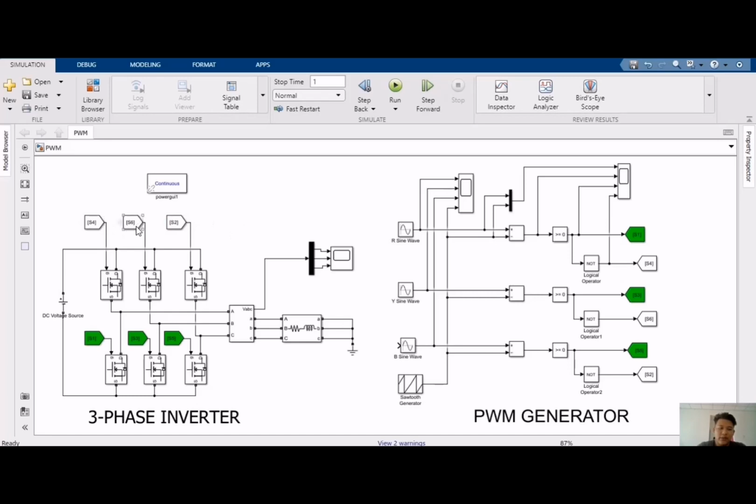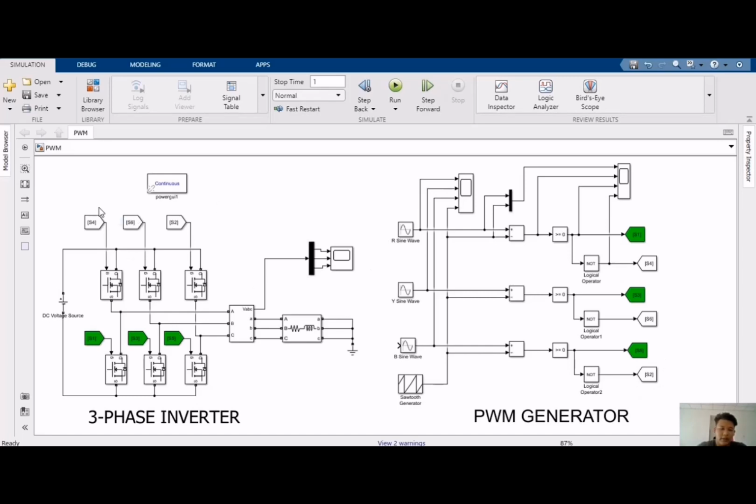The S4, S6 and S2 are also from the PWM generator, where S4 is from the R sine wave, S6 is from the Y sine wave, and S2 is from the B sine wave.